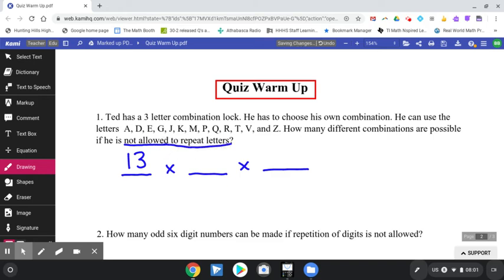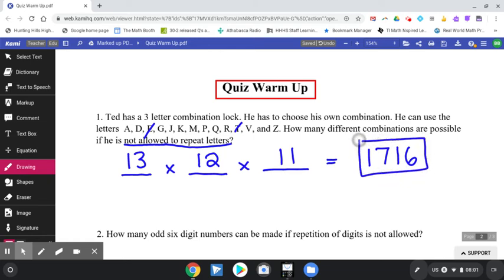So maybe on his first pick, he used T for Ted. T cannot be used anymore, so now there are 12 letters available. Maybe he chose E. E cannot be used anymore. There's now 11 letters possible. And so he multiplies and sees that he has a total of 1,716 different combinations that are possible.